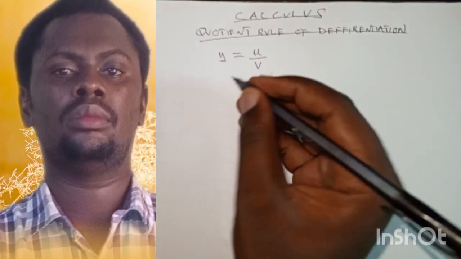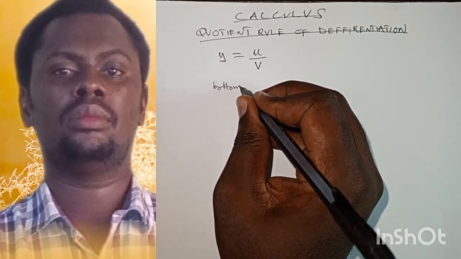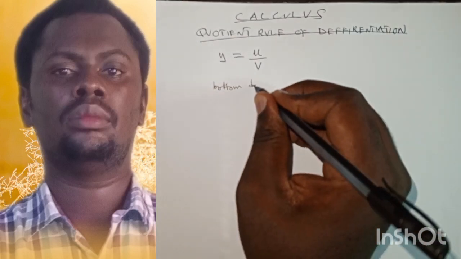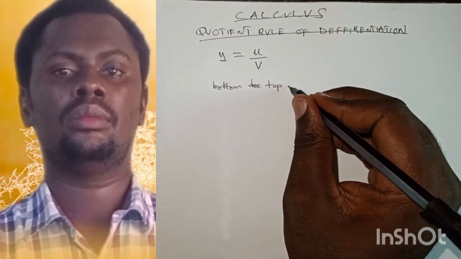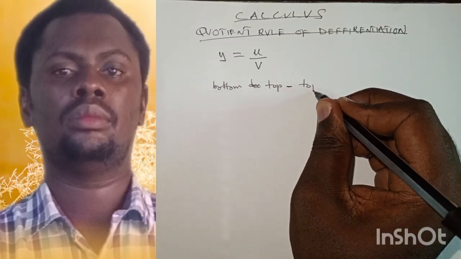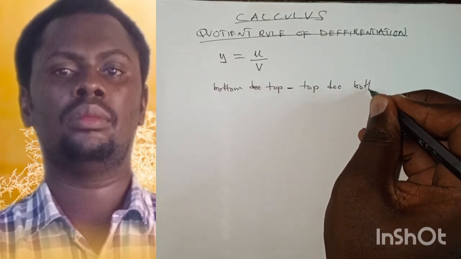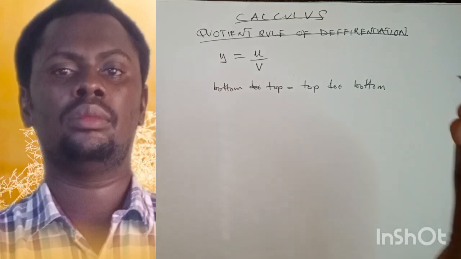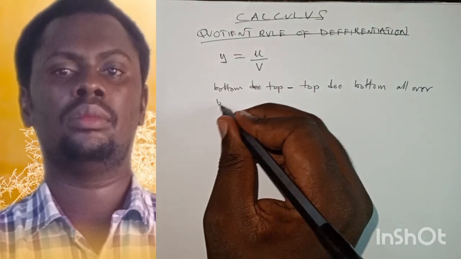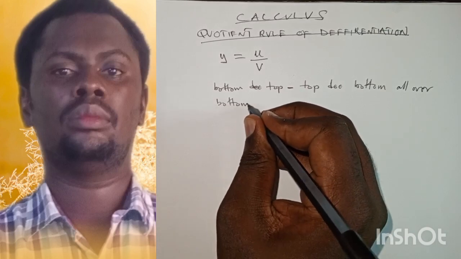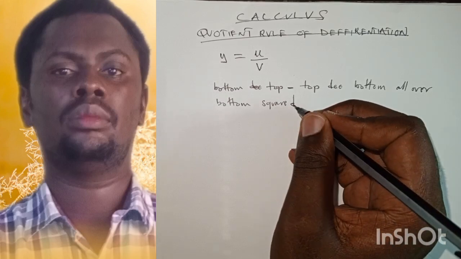It goes like this: bottom the top, minus top the bottom, over bottom squared.